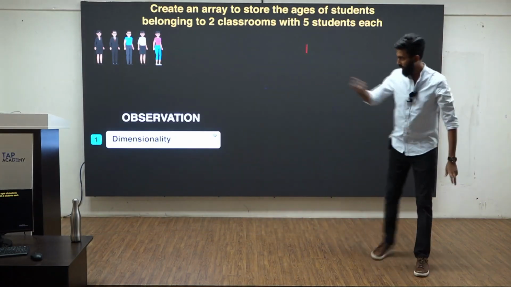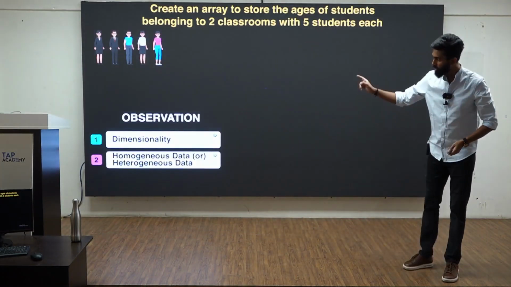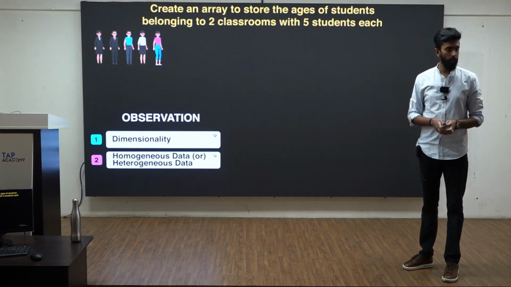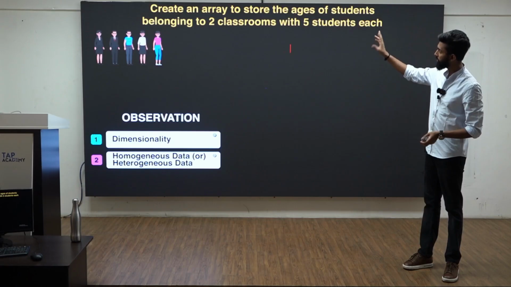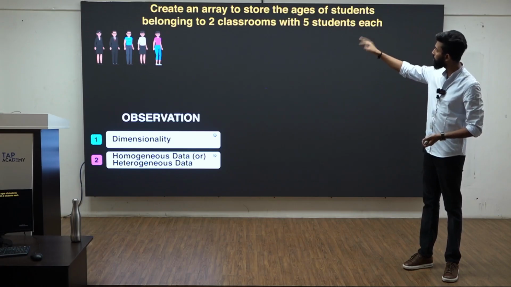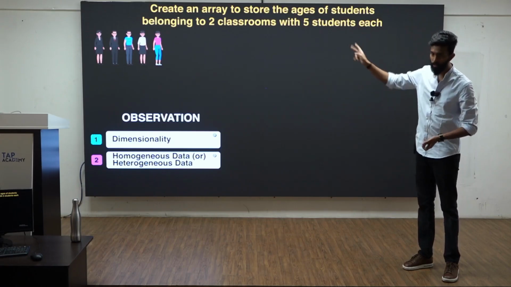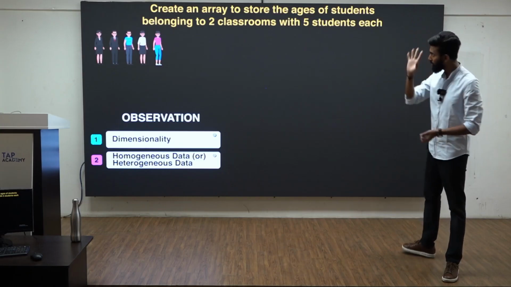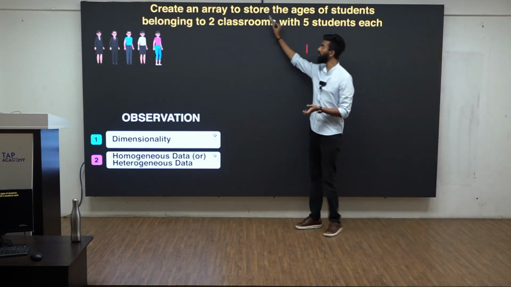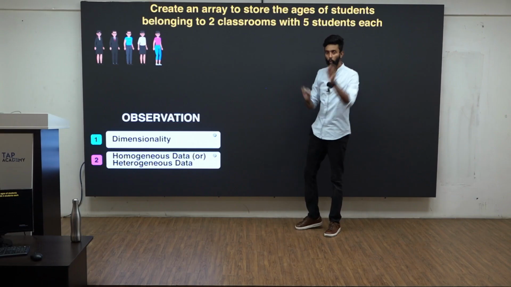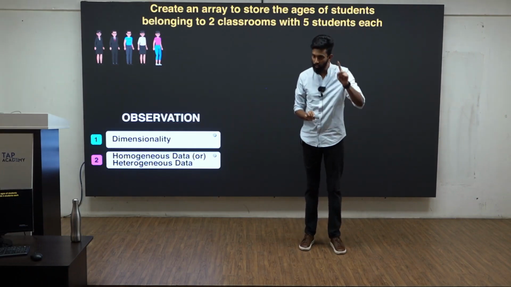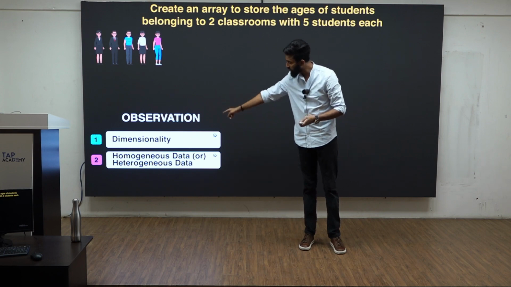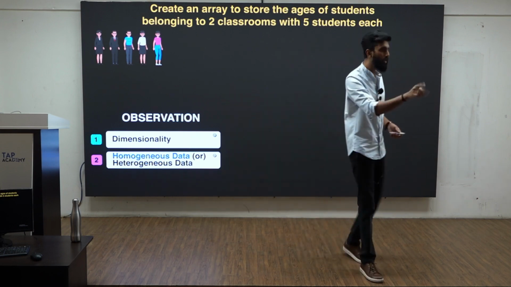Second observation, tell me, homogeneous or heterogeneous? Some are saying hetero, some are saying homo. Those saying heterogeneous are thinking 2 classrooms, 5 students, values are mismatching. Wrong. What you must see is what you are storing. Ages. And ages are all integers. 100% this time also the data is homogeneous.